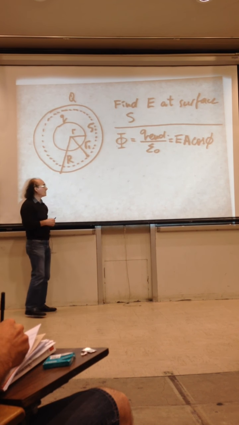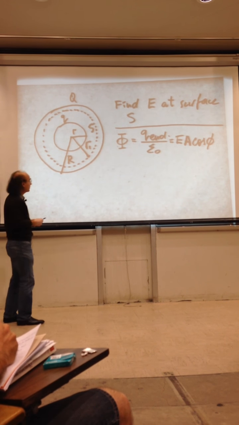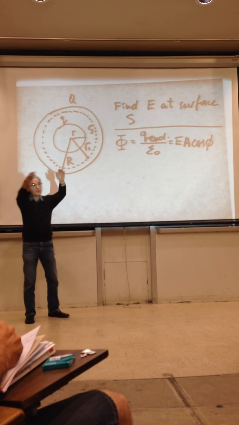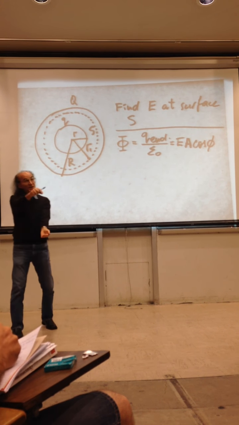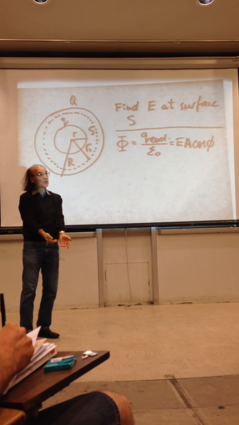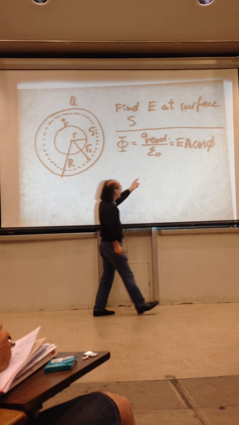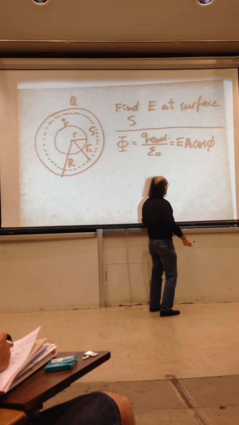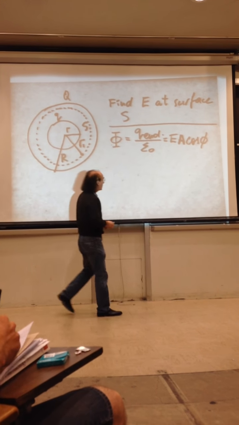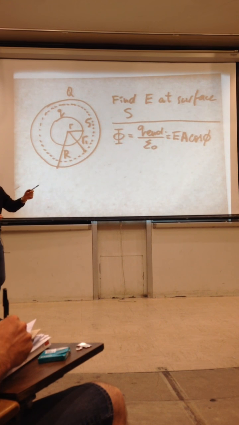So you can use the formula for electric flux. If you have a closed surface with a certain charge inside, the electric flux across this surface is that enclosed charge divided by epsilon 0. But also, flux is electric field times total surface area times cosine phi, where phi is the angle between the electric field and the normal to the surface.